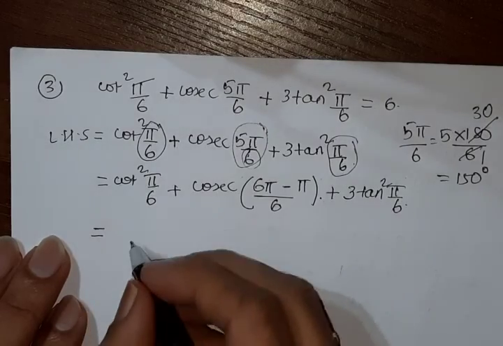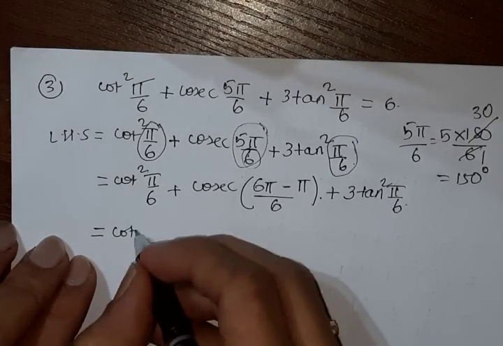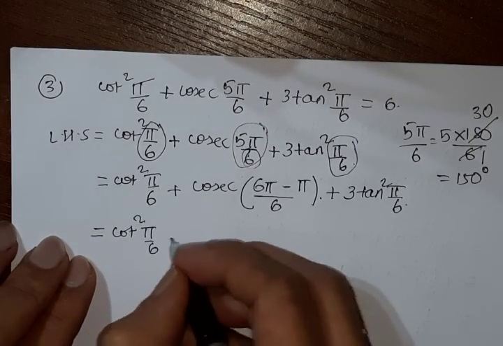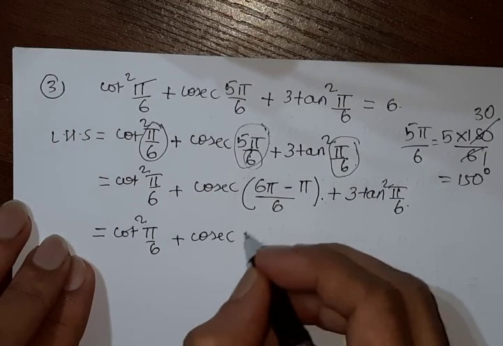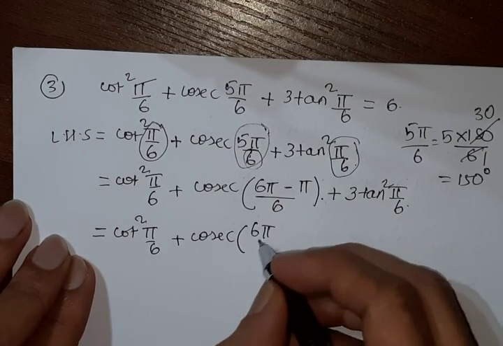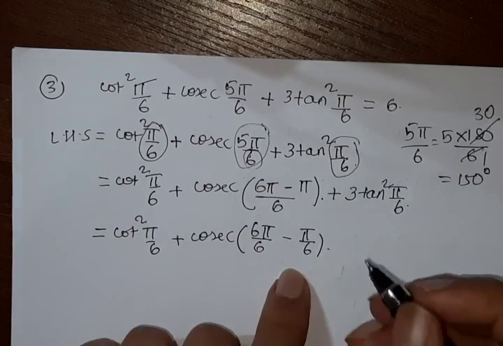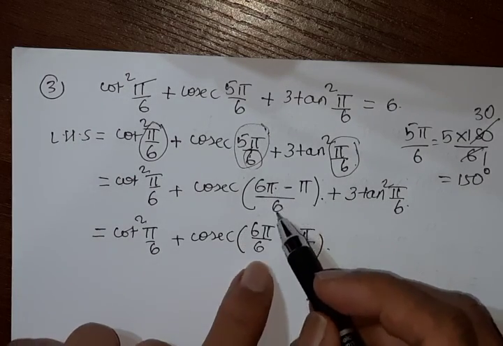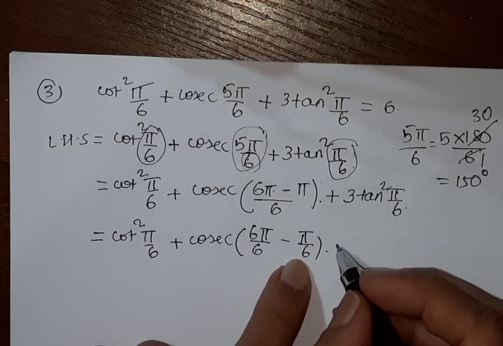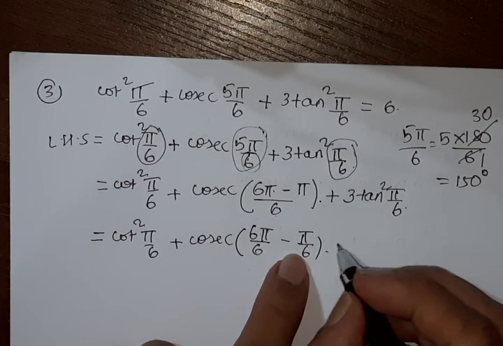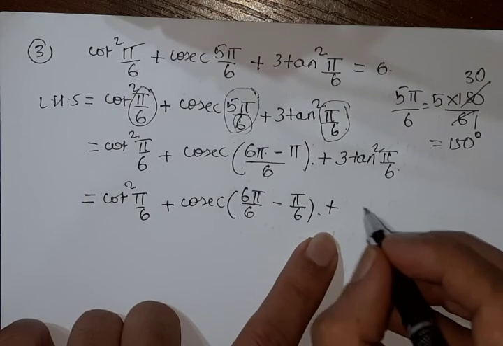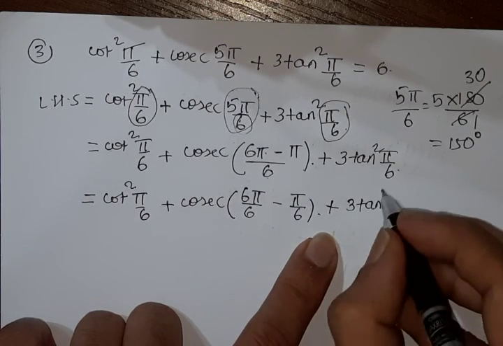Now you write this as it is. So cot square pi by 6 plus cosec. Now 6 pi by 6 minus pi by 6 will get here, right? Cosec of 6 pi by 6 minus pi by 6 when you divide the numerator, then plus 3 tan square pi by 6, this is as it is.